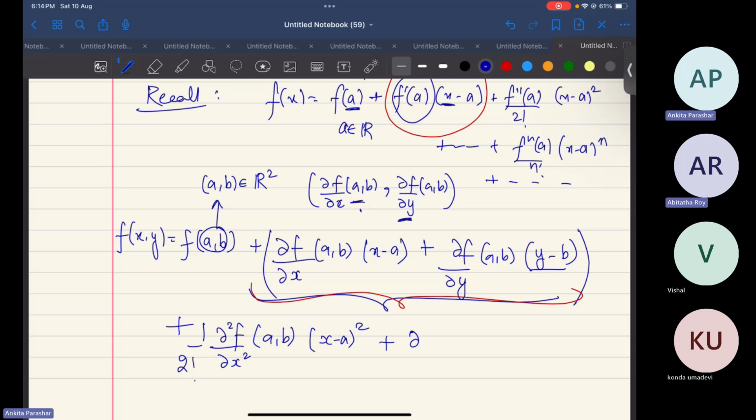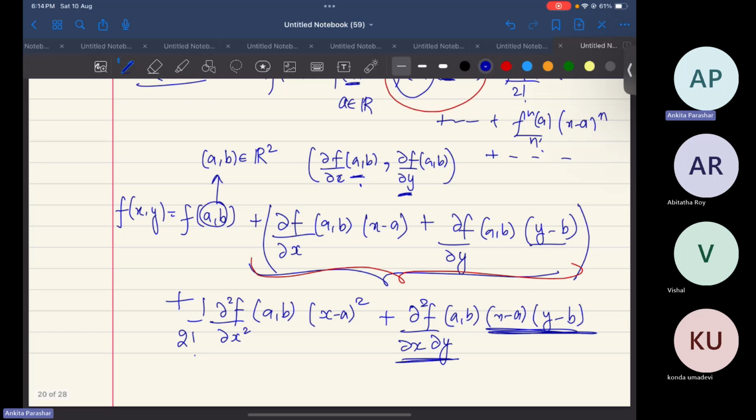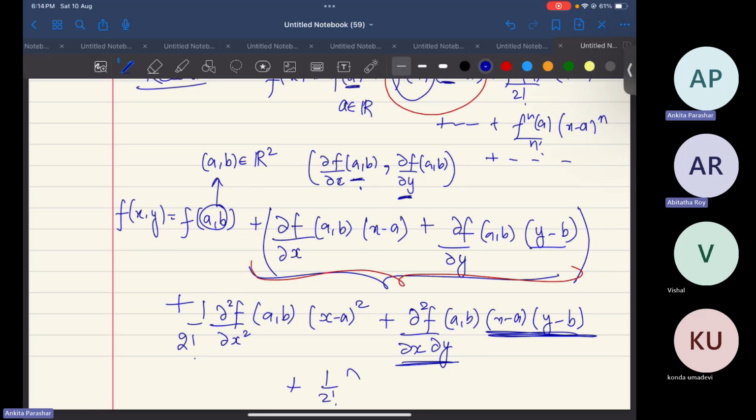Then there is a 2 which will get cancelled by 2 factorial, and we are left with this term only: del 2f by del x del y at (a, b) into (x minus a)(y minus b). Now both factors will come, and 1 by 2 factorial is now for the other part, del 2f by del y squared at (a, b) into (y minus b) squared, and the higher derivatives. Does this make sense?